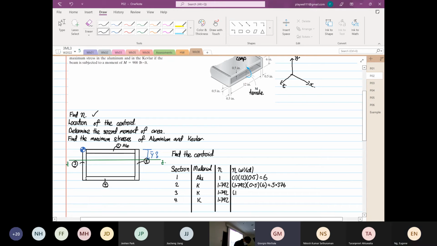Same thing, 2 and 3 are the same. Let me do it again. 1.792 times 0.5 times 6. Yep. And then the last one, okay, 1.792. The width is 12.